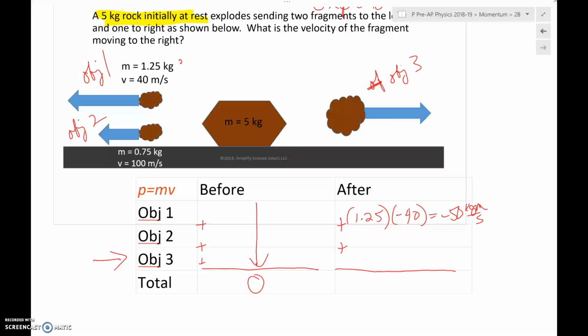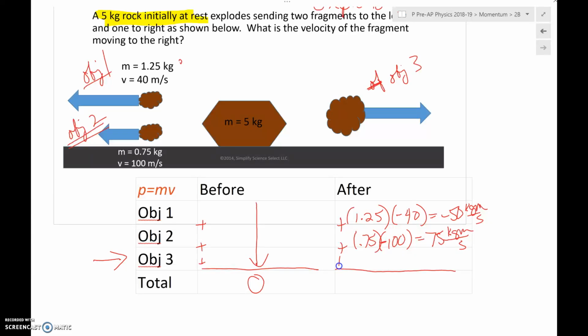Now our second object has a mass of 0.75 kilograms, and it's moving at 100 meters per second, giving us a total after momentum for object 2 of 75 kilogram meters per second.